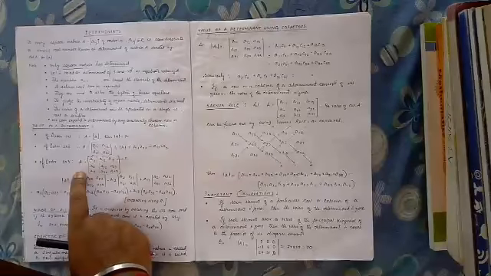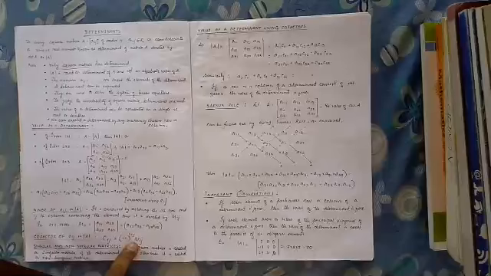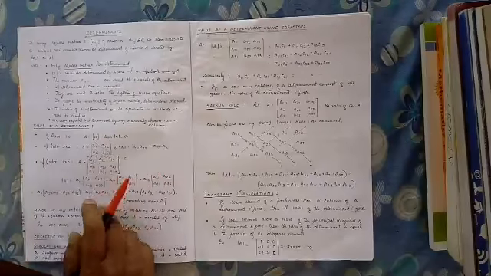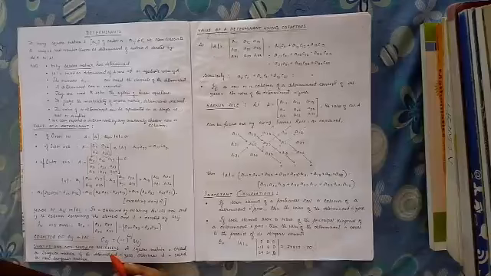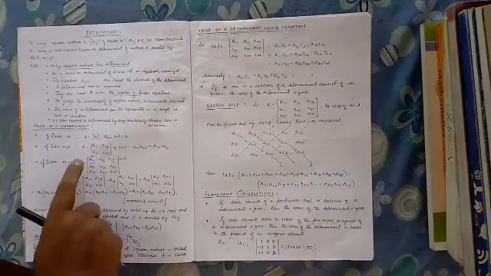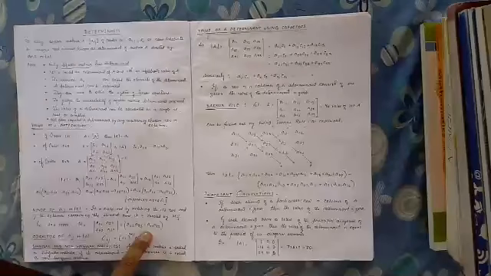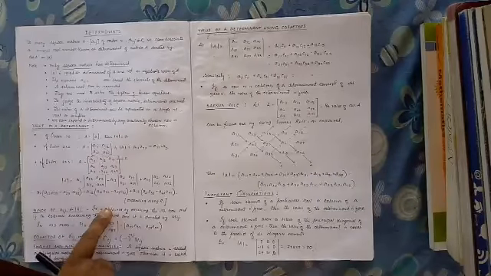Determinant of order 3 by 3. So 3 by 3 means 3 rows and 3 columns are there. Now we can expand this along any row or any column. I am showing you how to expand this determinant along R1.